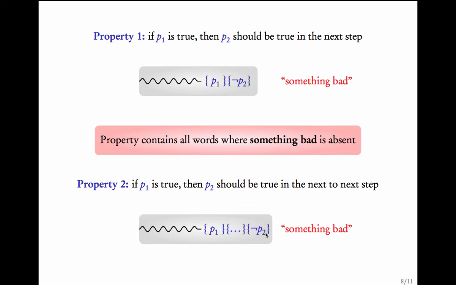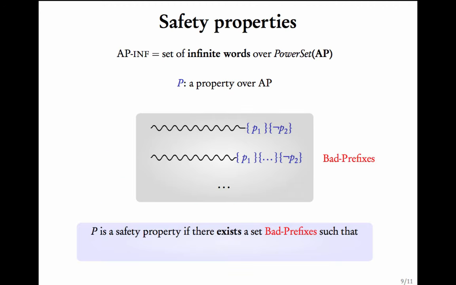Rather, this set of bad prefixes, all words where this pattern is present. This explains the nomenclature safety properties. These can be used to verify if something bad never happens.